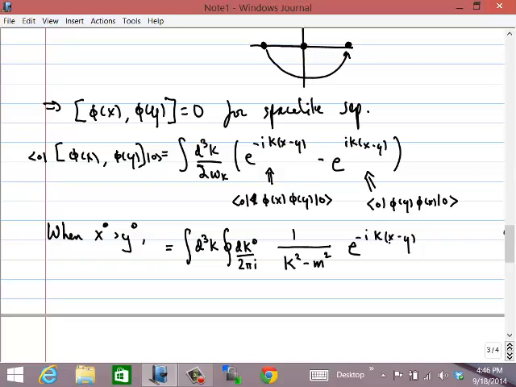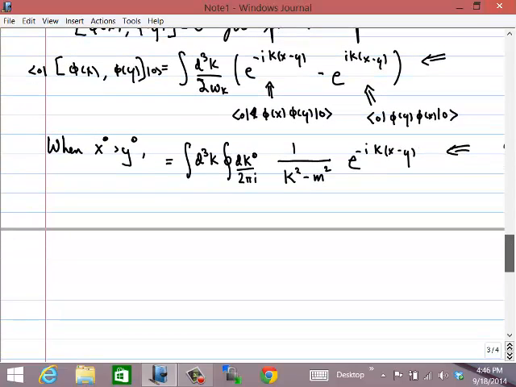Okay. So at first sight, it might not be apparent that this expression is equal to this expression. So let's go ahead and unpack that statement for a minute.